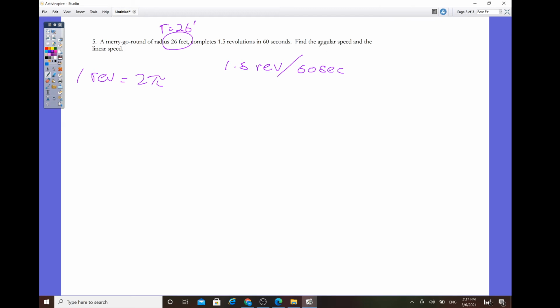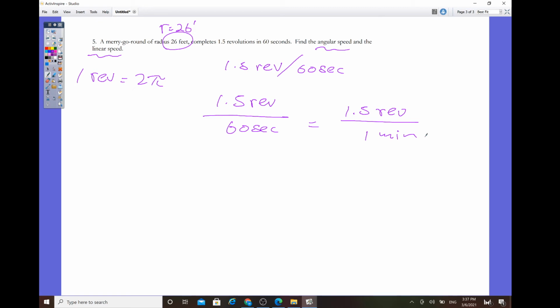Find the angular speed and the linear speed. First, 1.5 rev for every 60 seconds means it's 1.5 revolutions per minute.